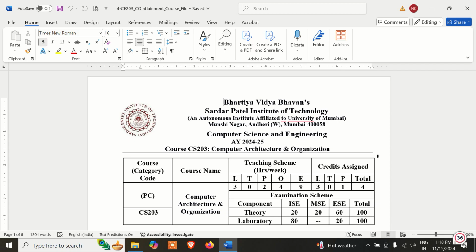While designing the scheme and syllabus, one has to take care of not only the program core and program electives, but also the program outcomes, the 12 graduate attributes. And while designing the syllabus, one has to take care of the learning objectives of Bloom's taxonomy. Those 6 levels should be taken care of in the course outcomes.